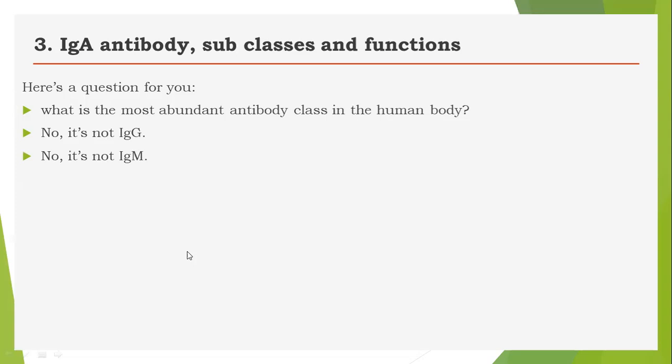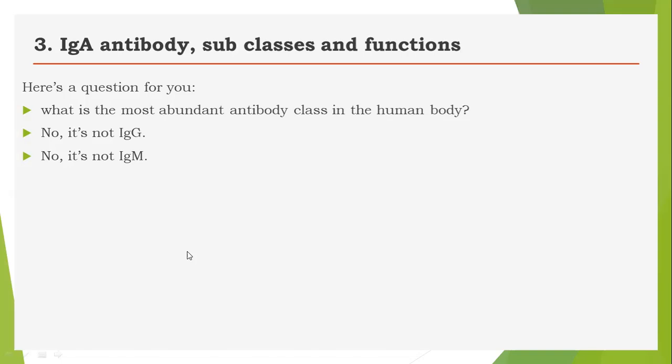And no, it's not IgM. So I want us to be very distinct as we describe: the most abundant antibody in blood is IgG.